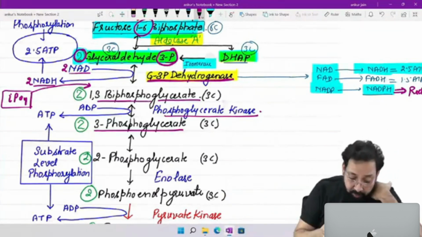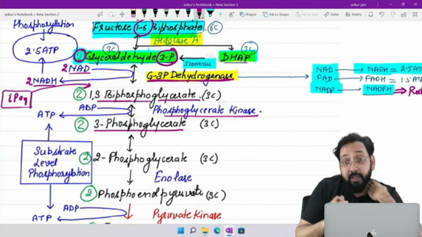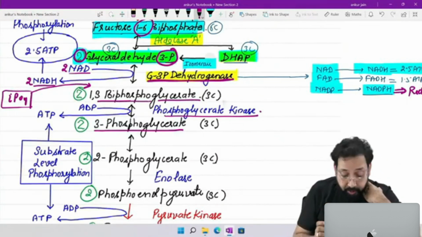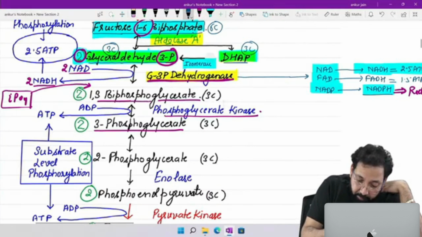So phosphoglycerate kinase will also require magnesium as cofactor. Either ATP is used or produced in this; ADP is converted to ATP. So ATP is produced.